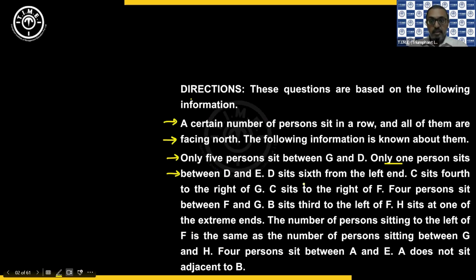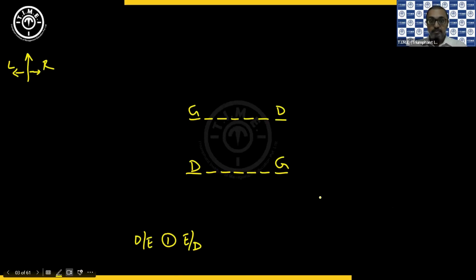Then further, he says D sits sixth from the left end. So from the left end, D is the sixth person. In the first case above, 1, 2, 3, 4, 5, 6, D is becoming the seventh person here. So we need not continue this arrangement anymore.